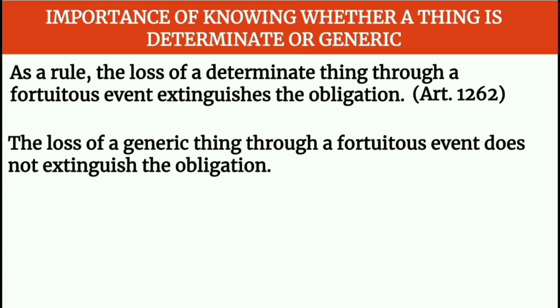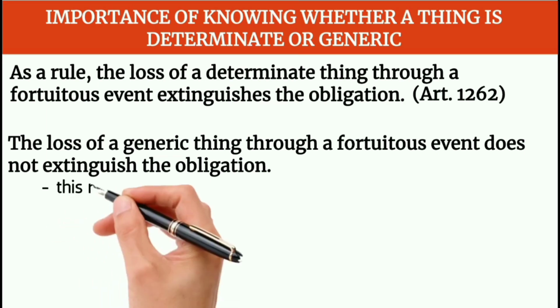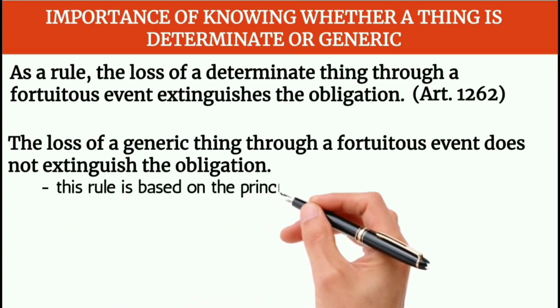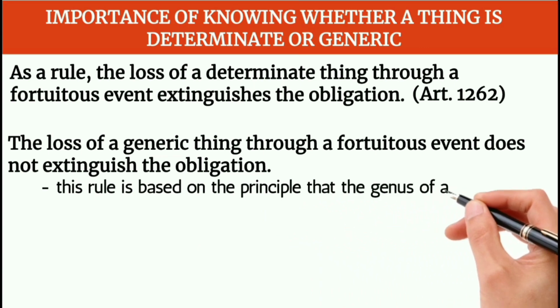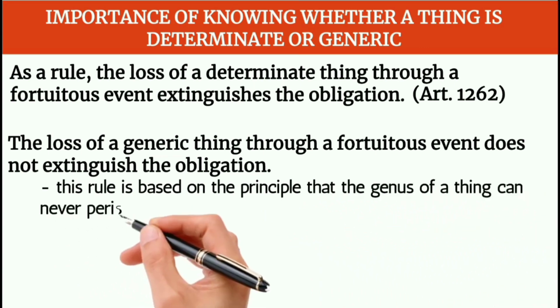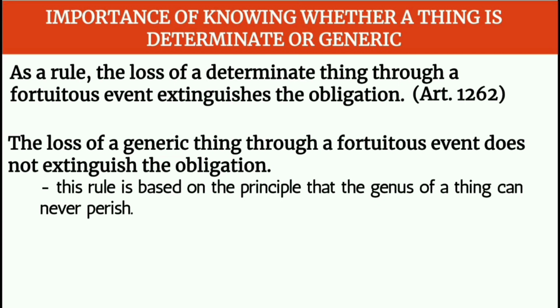Ang tanong, bakit kapag yung generic thing ay nawala o nasira through a fortuitous event, hindi matatapos ang obligation ni debtor kay creditor? Hindi ma-extinguish yung obligation ni debtor kay creditor. This rule is based on the principle that the genus of a thing can never perish.